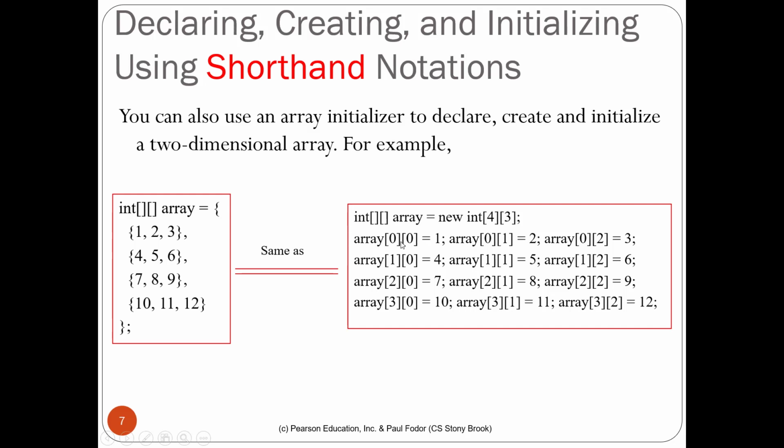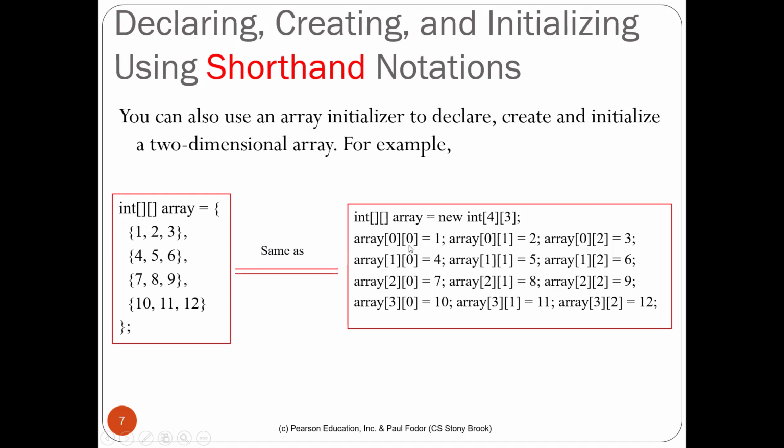What you're doing here, the first element that you have which has the index 0, 0, you're putting 1 over there, and then for the second you're putting 2. For the third element in the first row, so these are all first row, because 0, 0 and 0, these are all first row. First row, first column, first row, second column, first row, third column. So you have assigned those values as 1, 2, 3. So this is equivalent to this assignment.